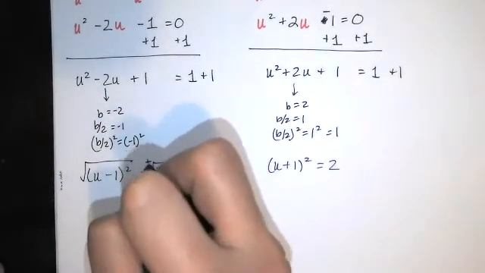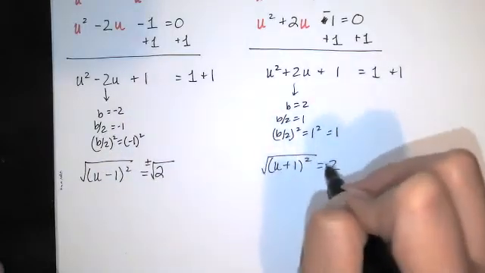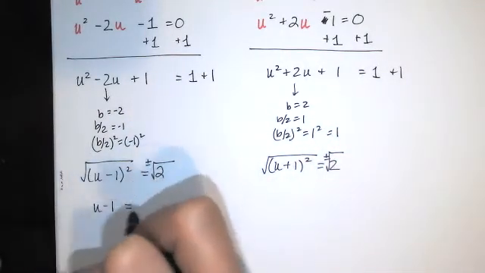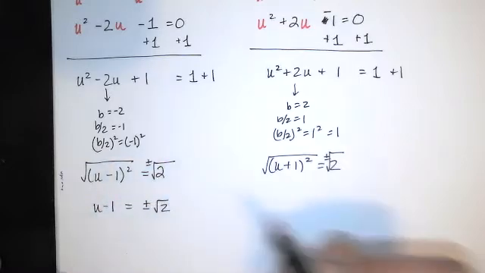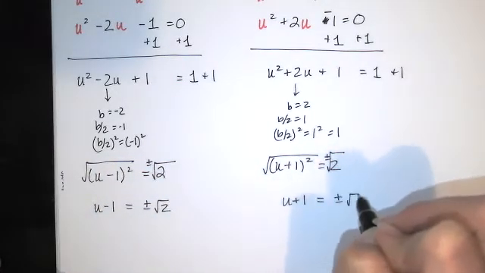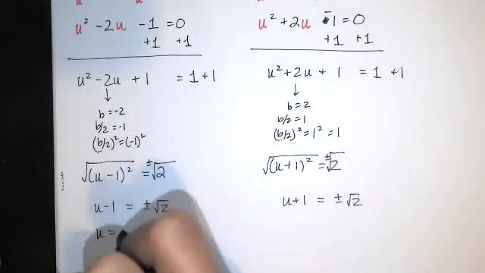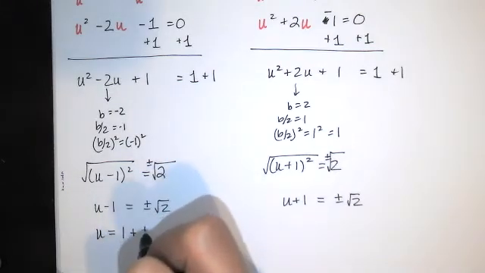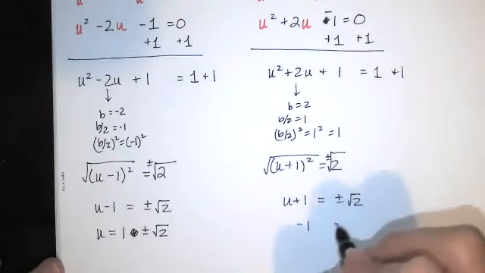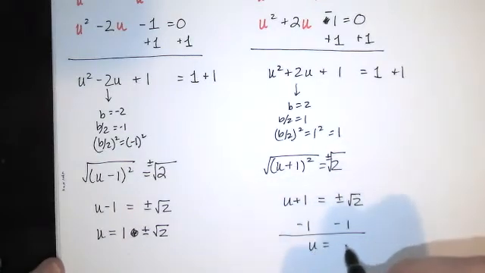So take the square root of both sides. Don't forget the plus or minus on the side with the number. And you get u by itself by adding 1 to both sides. Oops, on this one. And subtracting 1 from both sides on this one.